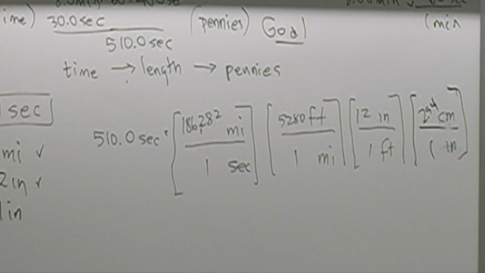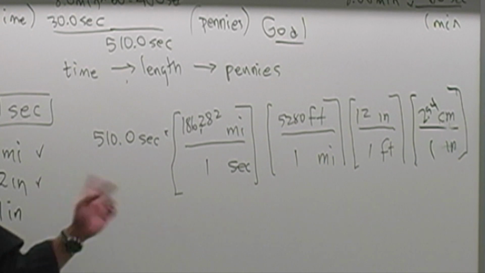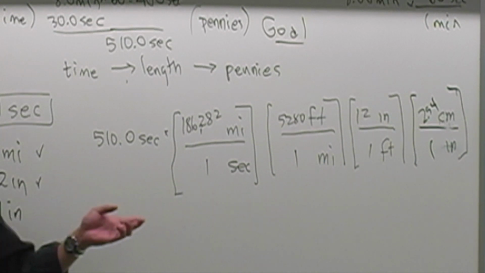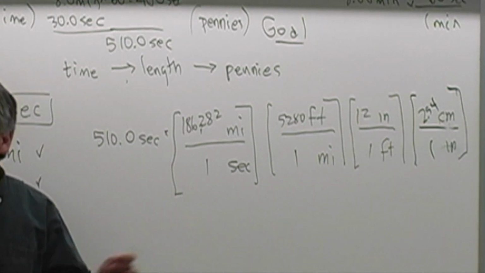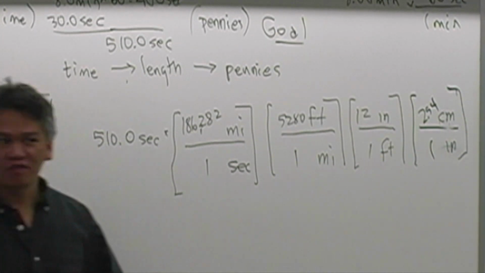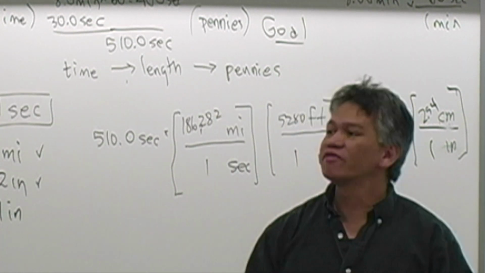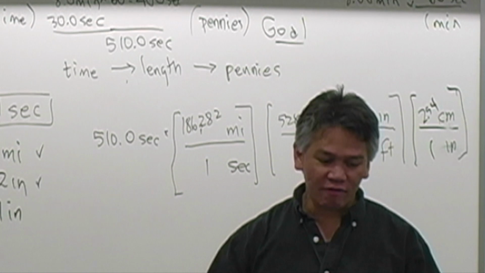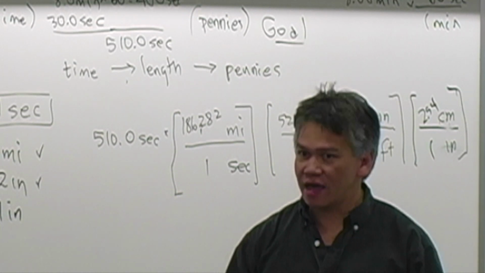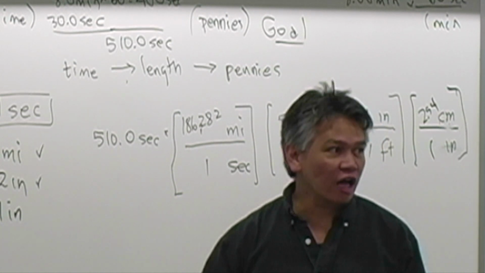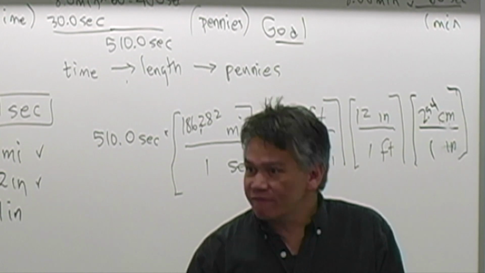Okay, I will grade it and give it back to you next time. But again, dimensional analysis, very important in chemistry, very important in science. If you know how to do dimensional analysis and you have a lot of word problems, then it'll save you a lot of time. I can't emphasize it enough.